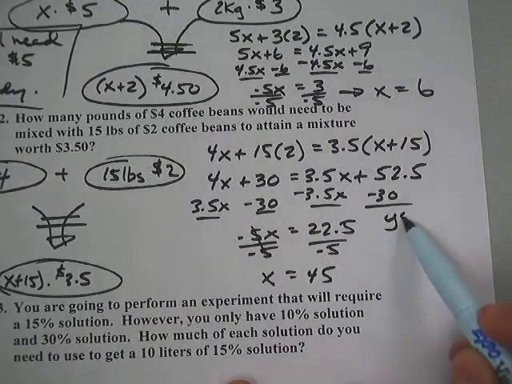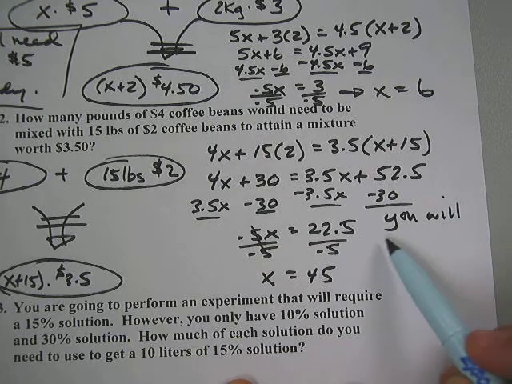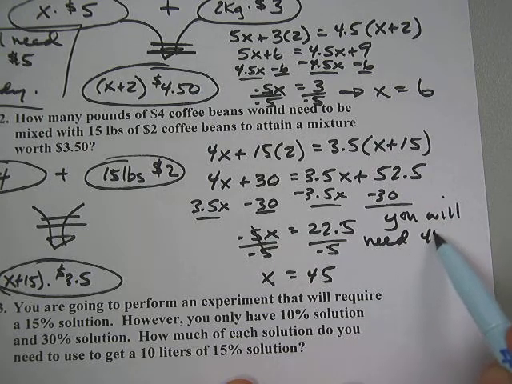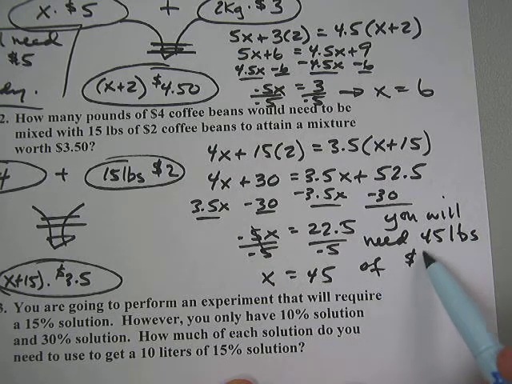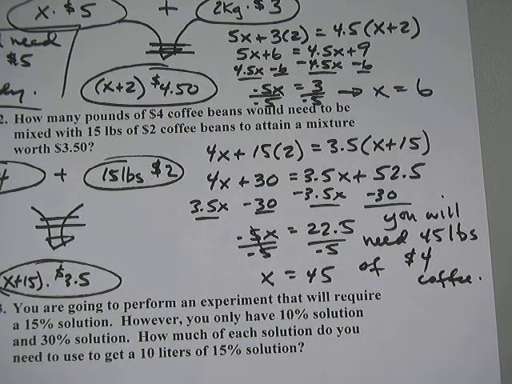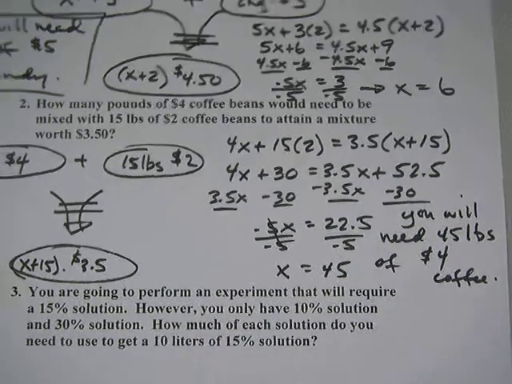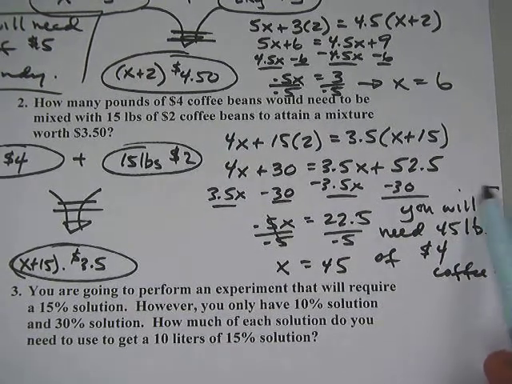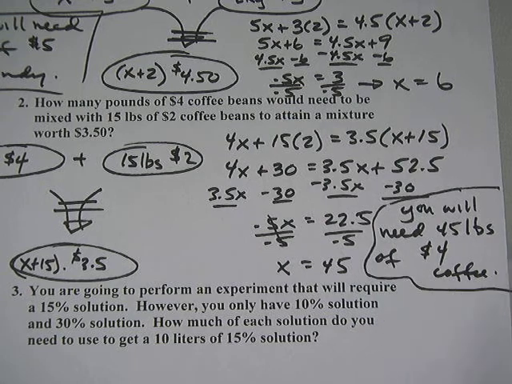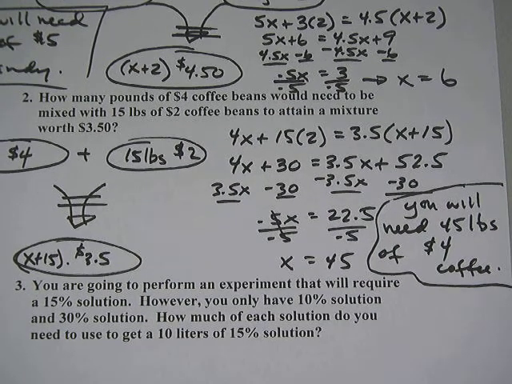So the question is, how many pounds of $4 coffee? You will need 45 pounds of $4 coffee. And there you go.